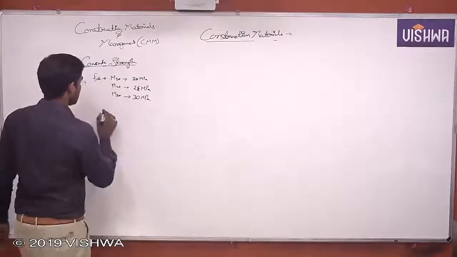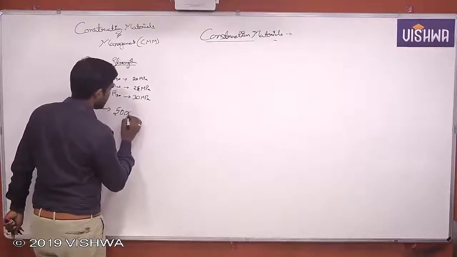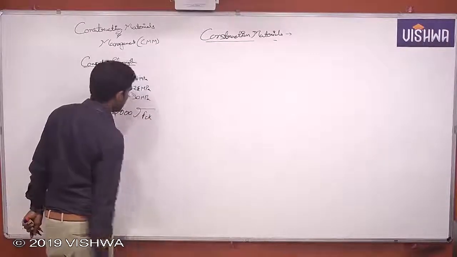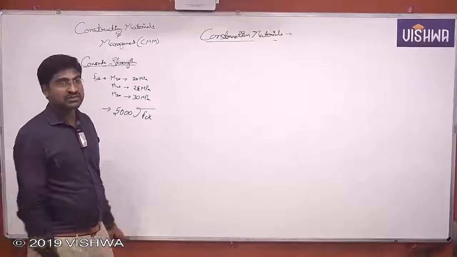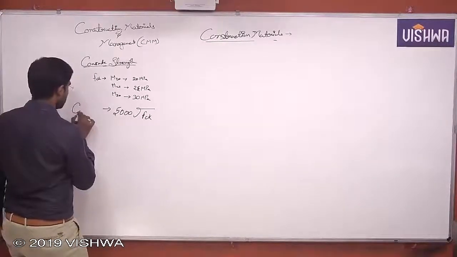So in general, for the compressive strength, we have 5000 under root fck. And for the tensile strength, we have a variation with respect to compressive strength.